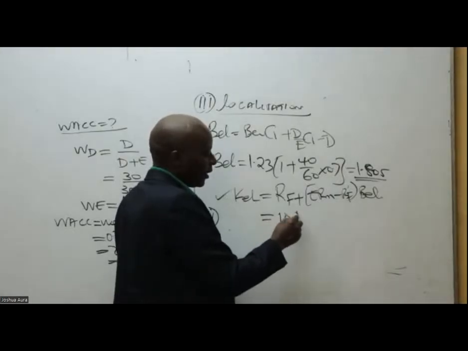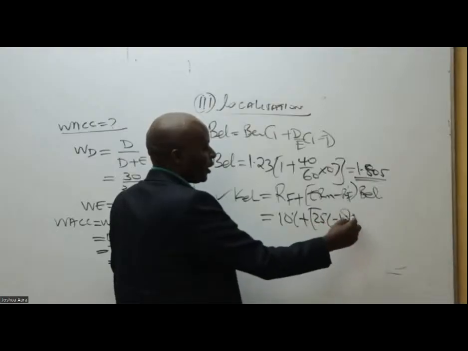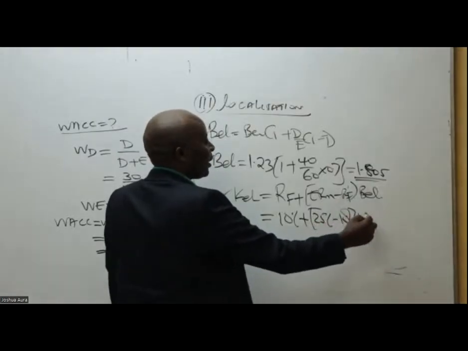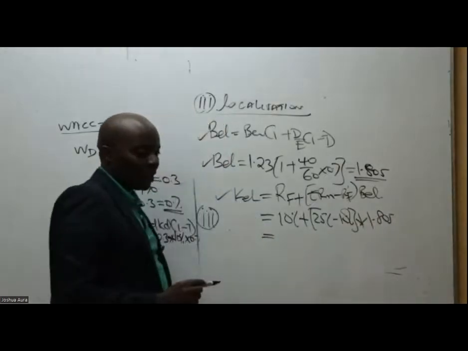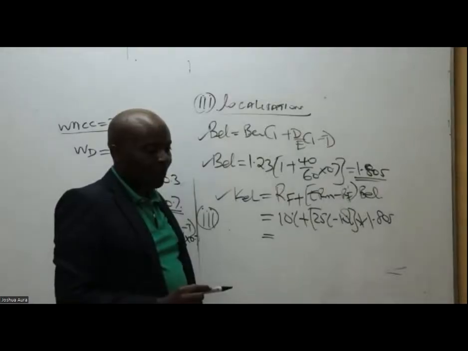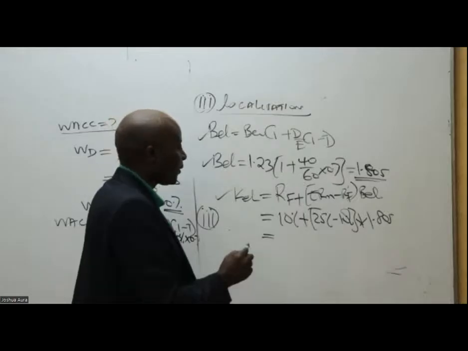Risk-free, 10. Market returns, if my memory serves me well, was 25, minus 10, multiplied by the BEL that we have here, which is 1.805. So at the end of the day, what are we getting as our CAL? 37%.